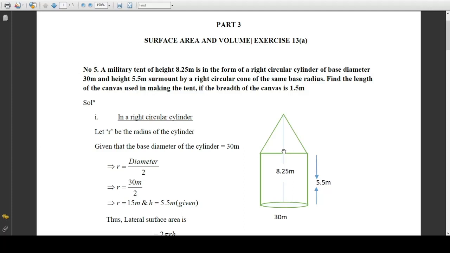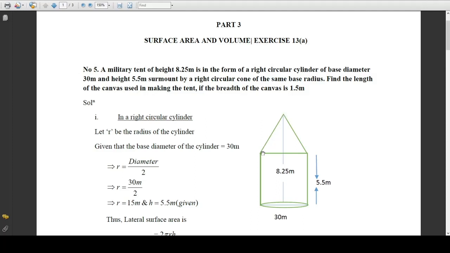Now, as you have got the height and radius of the cone, you can easily find the curved surface area of the cone, and in the same way you can find the lateral surface area of the cylinder once you have the height and the radius of the cylinder. Okay, now there will be two parts.